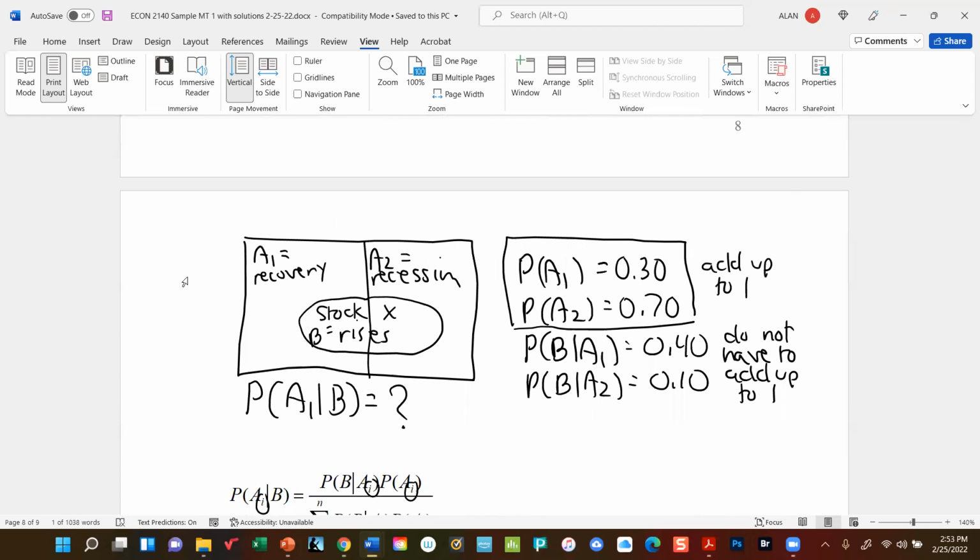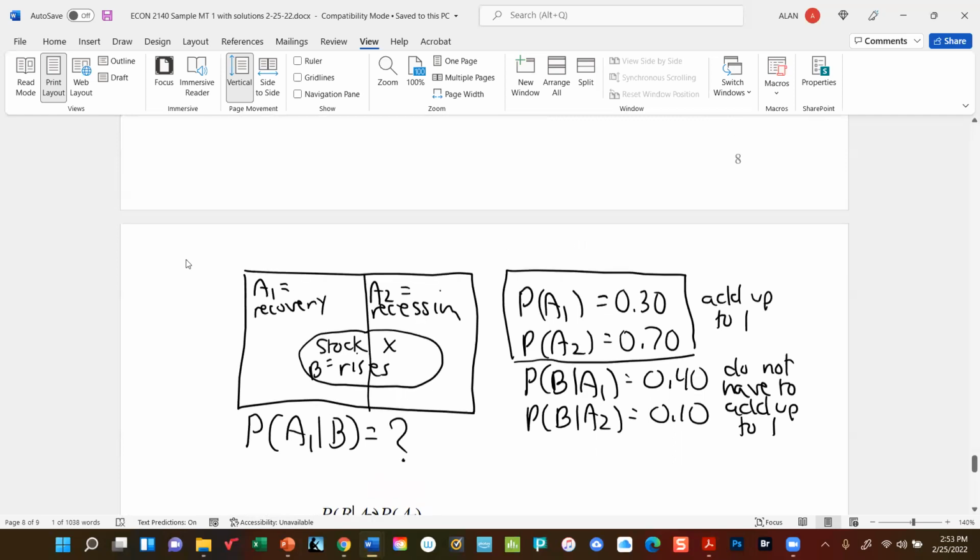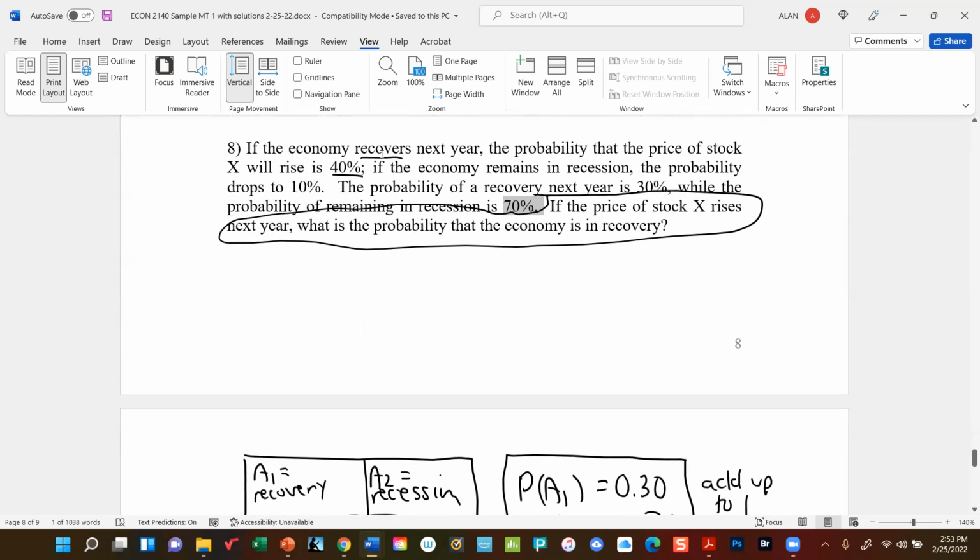That means that stock X rising or not rising depends on the state of the economy. We call that event B, and event B depends on what state of the economy we're in. In other words, the stock price rising depends on the state of the economy. So the probabilities that we were given about this, let's read them and make sure we understand.